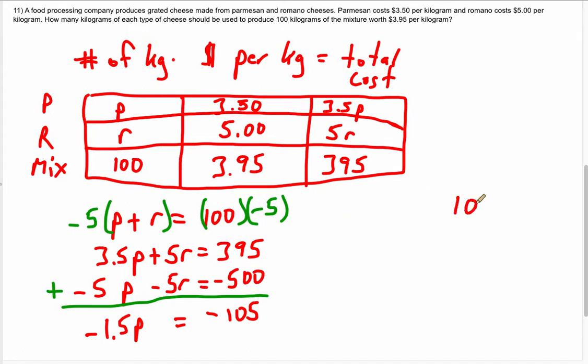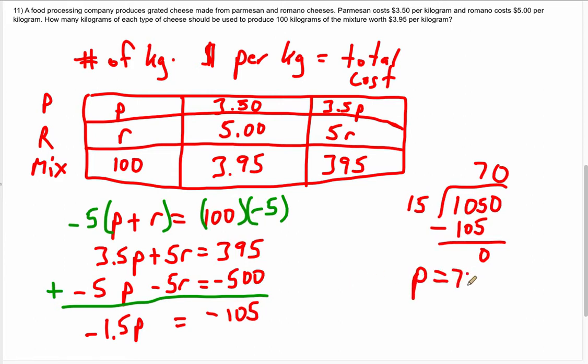So let's see, 1050 divided by 15 is, I don't know, let's see. Oh, that's going to go unevenly, I think. So 15 times 6 is 90, so 7. Let's see, 35, 3, yeah, so that's 105, so yeah, that works. Okay, so I think it's 70, so P is 70, which would make R 30.